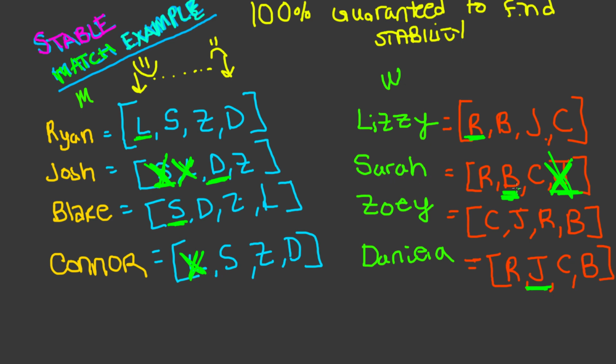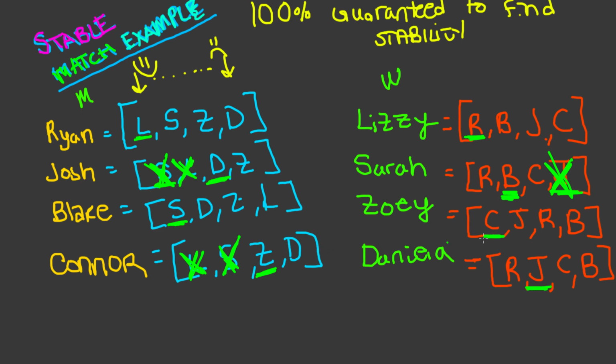Sarah is going with Blake, and Blake is of higher preference than Connor. So Sarah's out of the question. So Connor says, I guess I have to ask Zoe, because Zoe's my next pick. We look at Zoe, and she has not been asked yet to go to the dance. So Connor asks Zoe, and Connor's actually her number one pick.